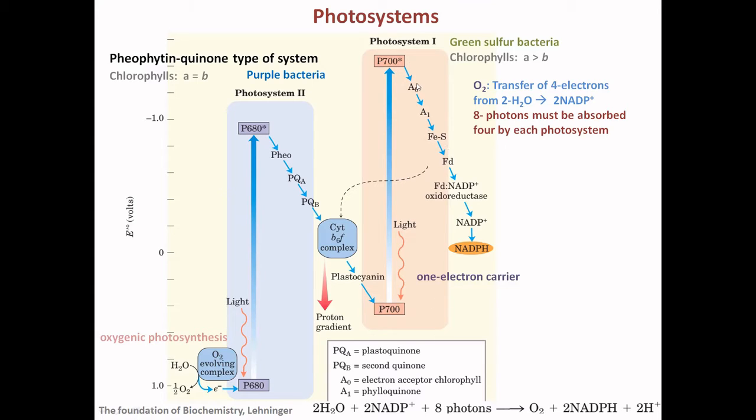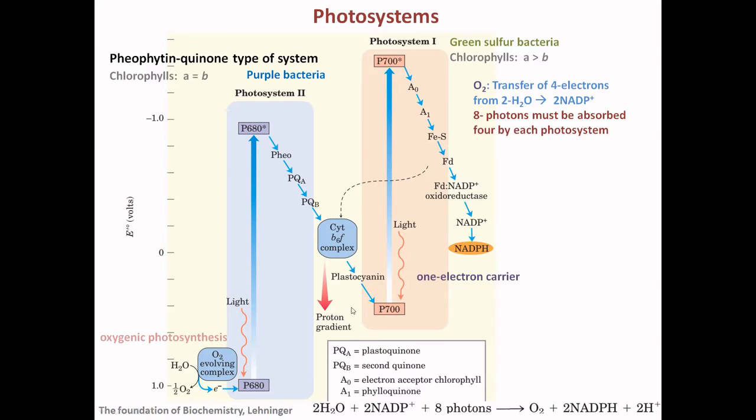So this is the electron acceptor chlorophyll A0, this is the phylloquinone, this is the iron sulfur protein, this is the ferredoxin, and this is the ferredoxin NADP oxidoreductase. Finally the NADP is reduced to NADPH. So whatever energy is released in this process is used in two forms. One is forming the proton gradient, another is trapping the light energy into chemical energy in the form of NADPH. This is a reduced substance.